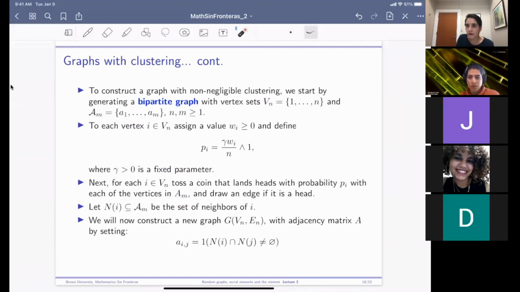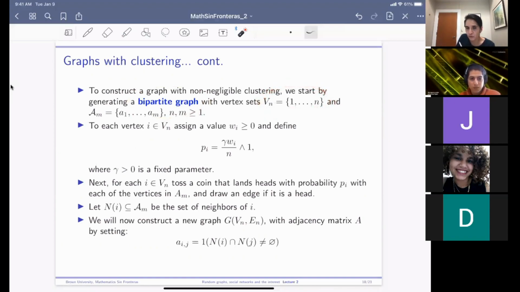To construct this model, it's a little bit trickier than the others because I'm going to do it in 2 steps. First, I'm going to construct a bipartite graph. So the vertex set that I'm interested in is the set Vn that has vertices 1 through n. Now that I have this vertex set, I'm going to have to decide how to connect its elements.